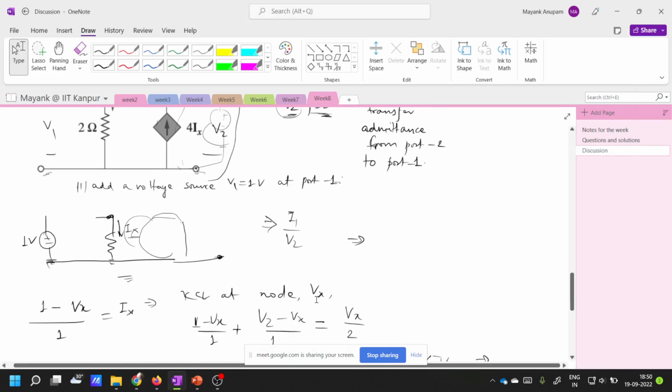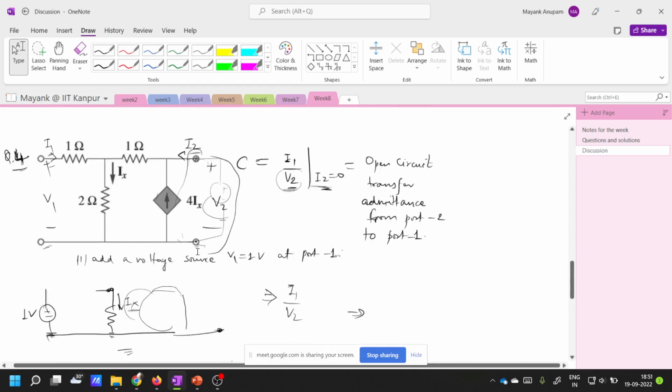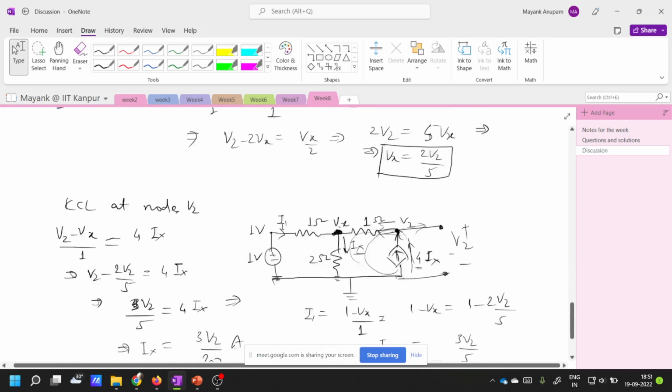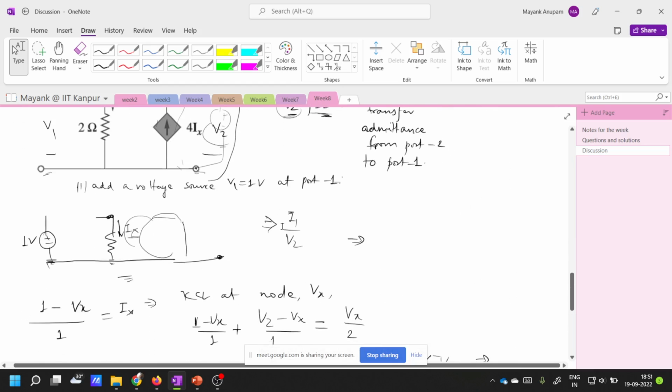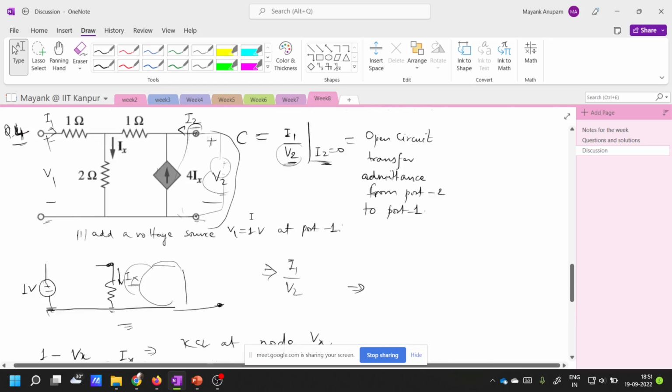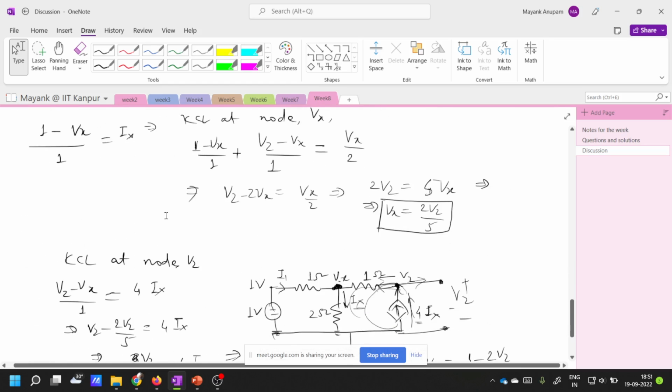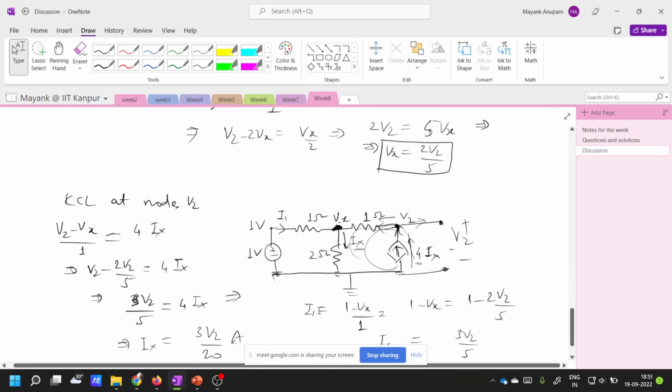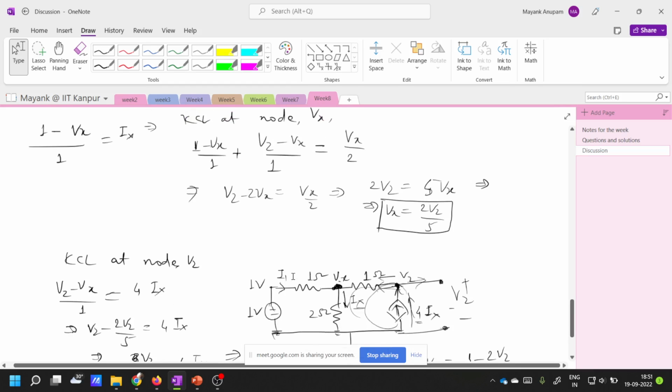So let's review this. I think I have made some mistake somewhere in calculation. The answer is not supposed to be 0.6. So let's review. At the first KCL at Vx, this node here, 1 minus Vx by 1 is I1.